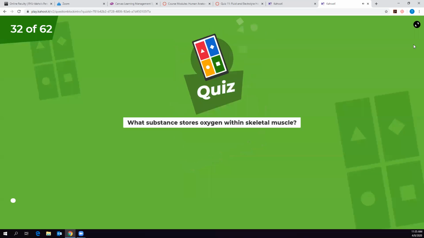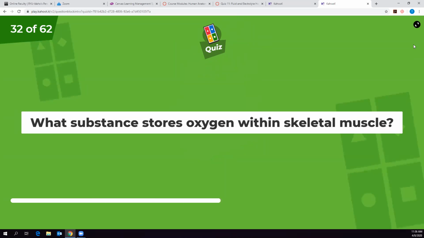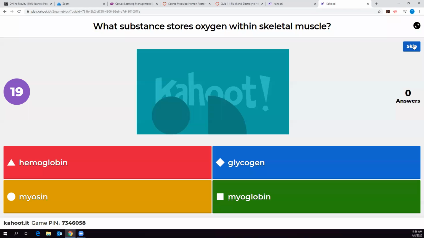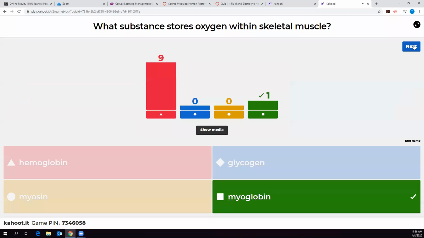Okay. All right, what substance stores oxygen within skeletal muscles? It's like hemoglobin, but it's myoglobin because it's in your muscles. It stores oxygen, myoglobin.